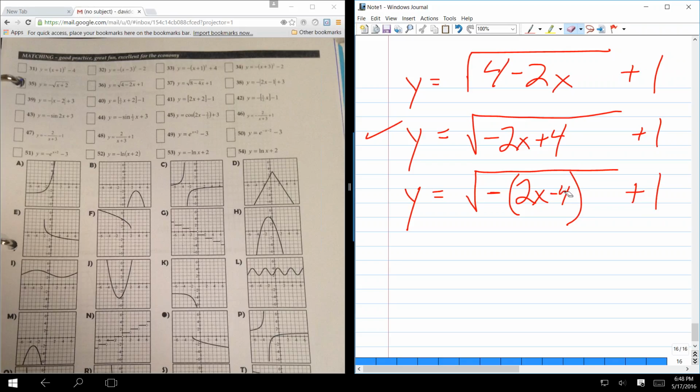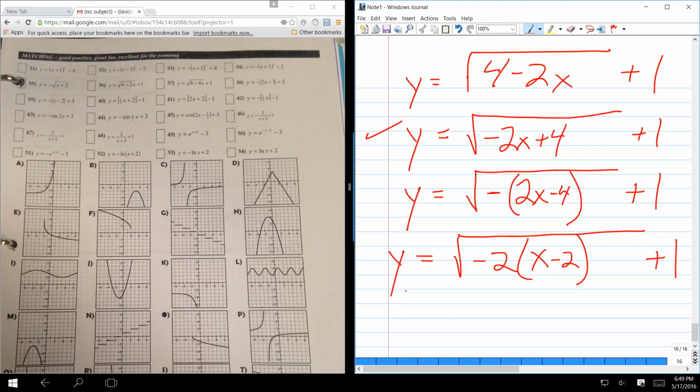So it's not a translation of 4 units to the right. That's because I didn't write it correctly. This is always the trickiest part of this. You need to write it like this. Notice that that's the same thing we started with, right?